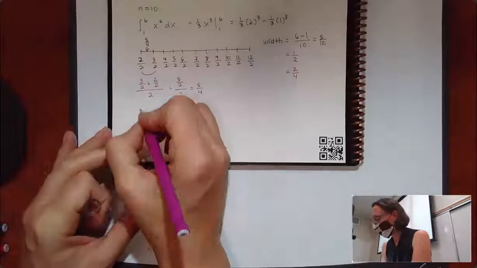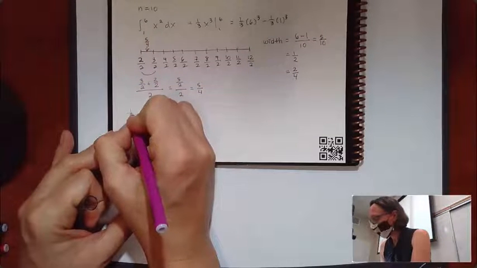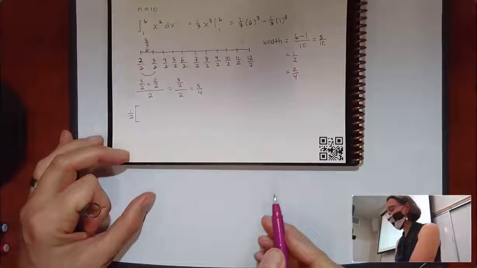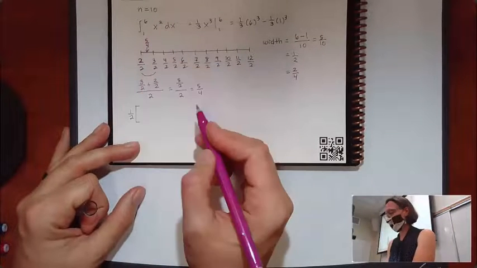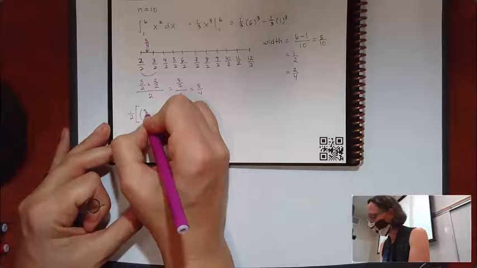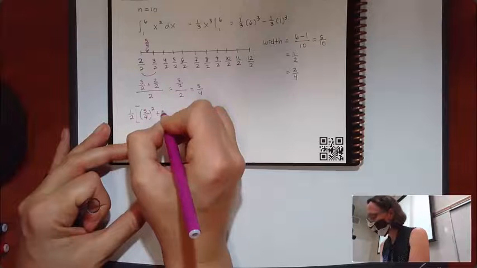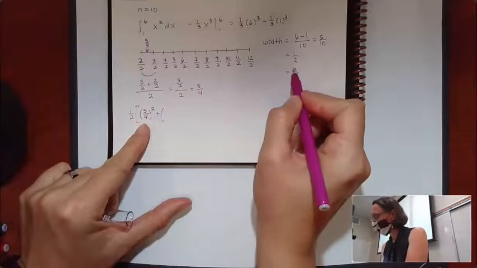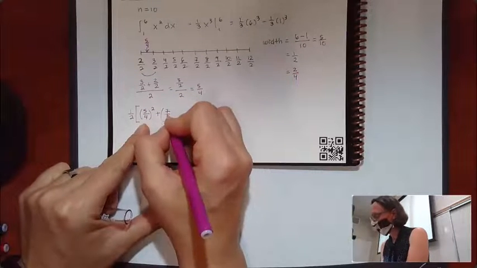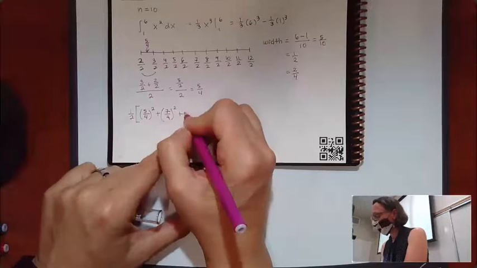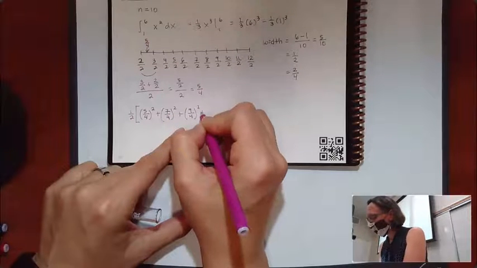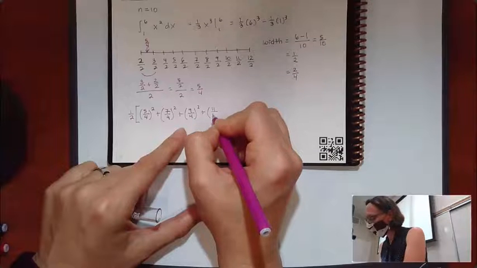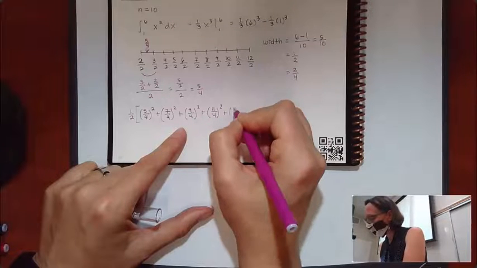So I'm going to take my width, which was 1/2, and then I'm going to just start popping those x values into my function. So I'd have 5/4 squared. And then my next one is going to increment by 2/4. So I'll be at 7/4 squared, increment by another 2/4, and another 2/4, and another 2/4.